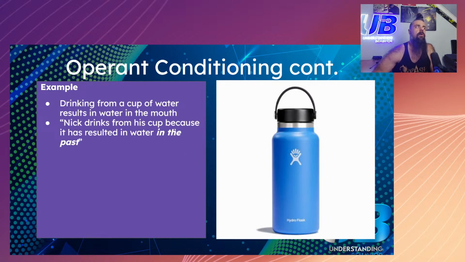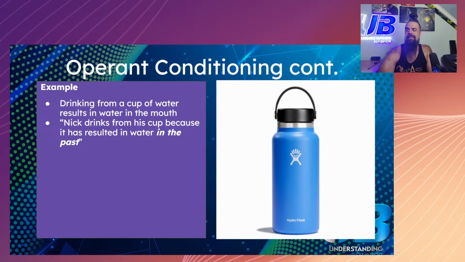When we're trying to explain behavior from an operant perspective, going back to the law of effect, we want to look at the past effects of behavior and how they determine future behavior. So this would be the proper explanation. We'll say Nick drinks from his cup because it has resulted in water in the past. It's kind of awkward, but it is the most accurate way to describe this.